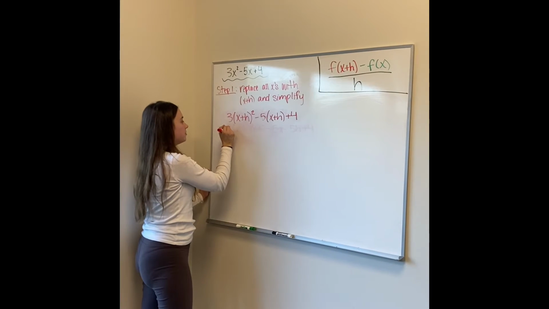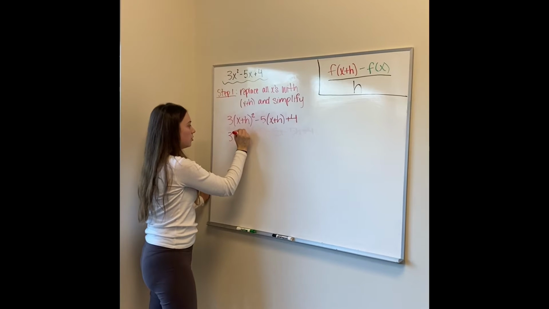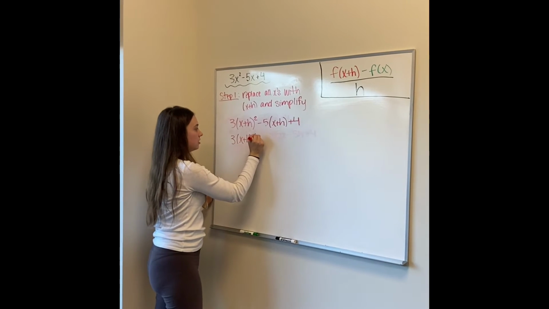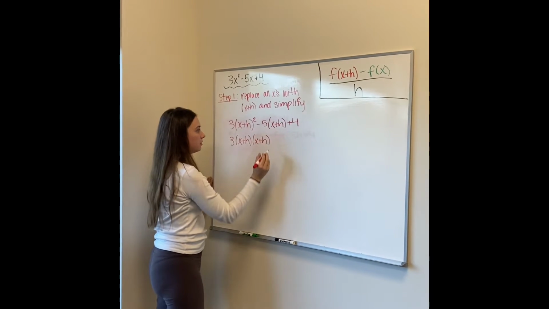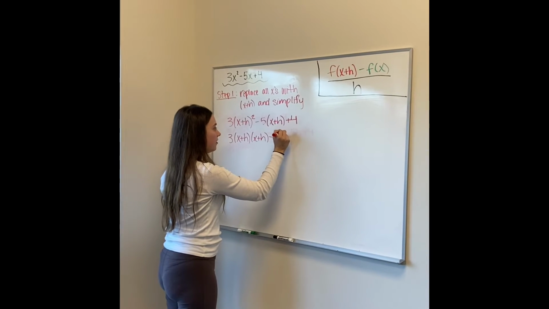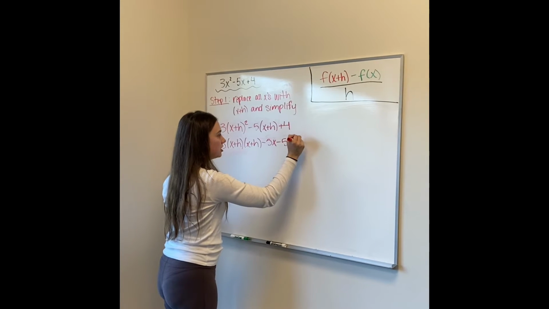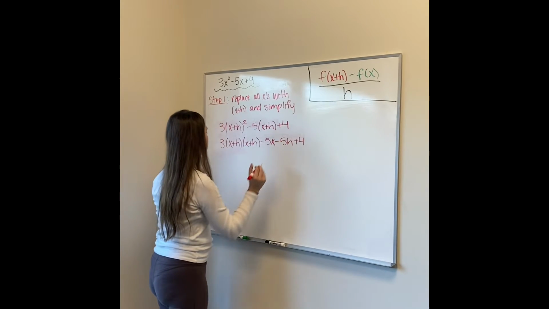Okay, so then you're going to FOIL this out, and then I'm going to multiply that through, so it's going to be negative 5x, negative 5h, and then just bring down the 4.